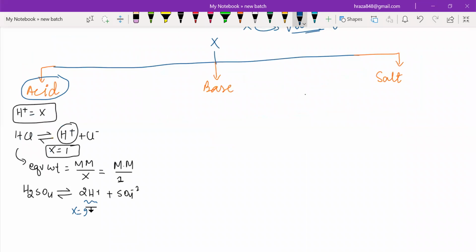Two. So equivalent weight is equal to molecular mass upon X. And what is X? If it is acid, the number of H plus.